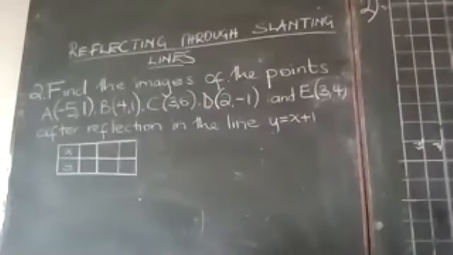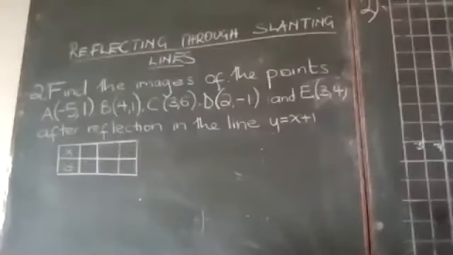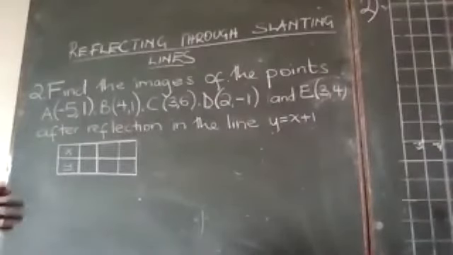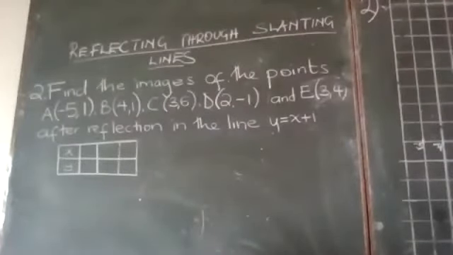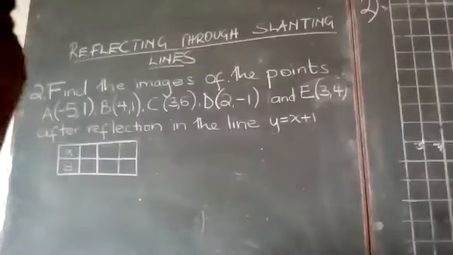B has 4, 1. C is 3, 6. And D has 2, -1. Point E has 3, 4. They want us to find the images of those points after reflection in the line y is equal to x plus 1.